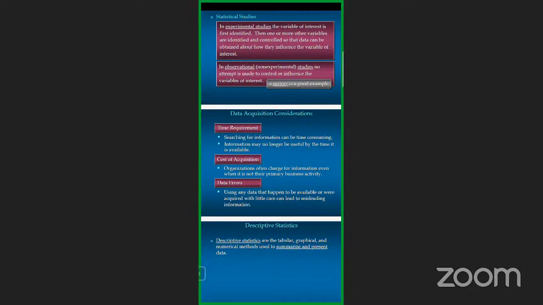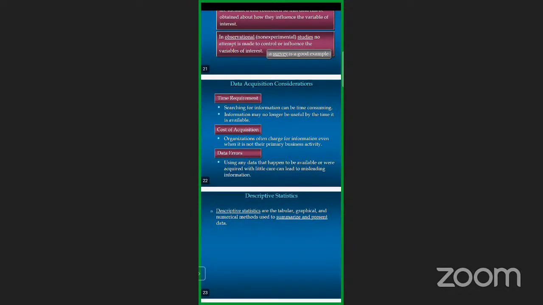So most of the time, descriptive statistics are used. Descriptive means describing each and everything about the data. That is, the tabular, graphical, and numerical methods used to summarize and present the data are the descriptive statistics.